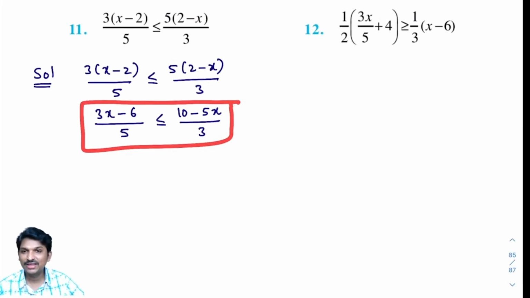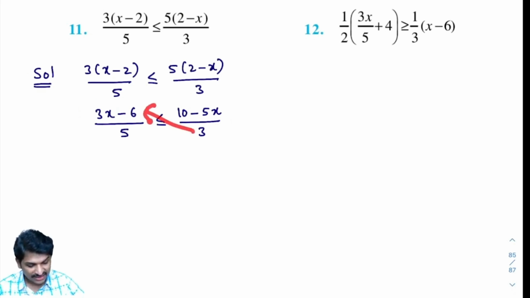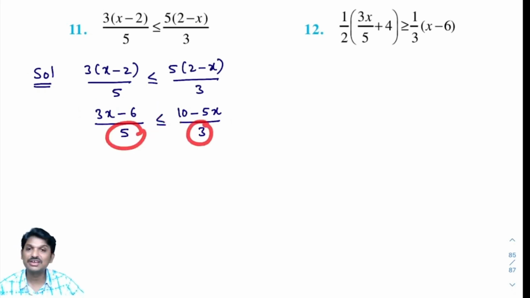Here we can cross multiply the 3 and 5 because these two are positive real numbers. When both numbers are positive real numbers, we can cross multiply, because if we multiply an inequality with a positive real number, the inequality sign remains the same. I hope you are understanding.